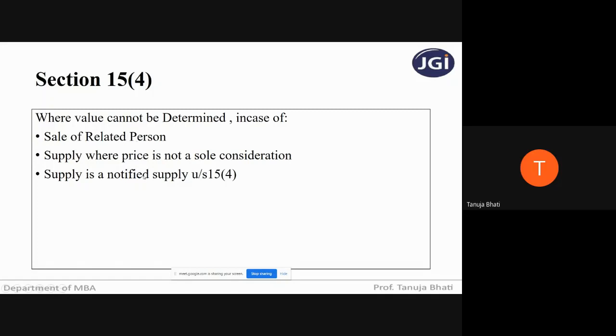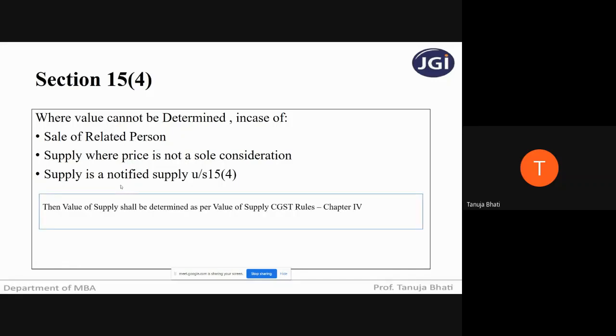For all these three cases, you cannot apply the transaction value. You have to apply rules, and such rules are notified in chapter number 4 of the CGST rules on value of supply.